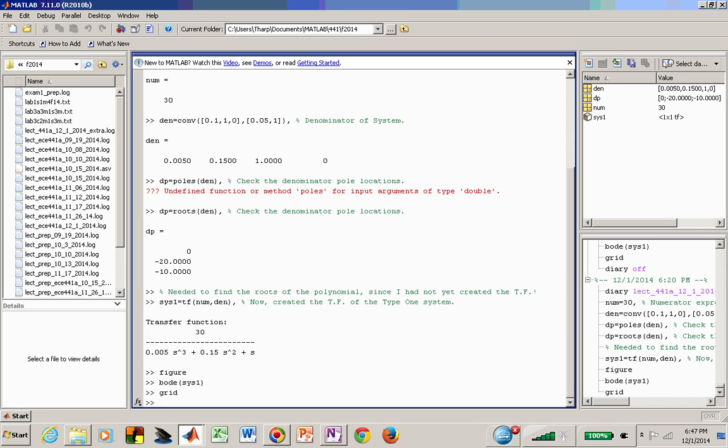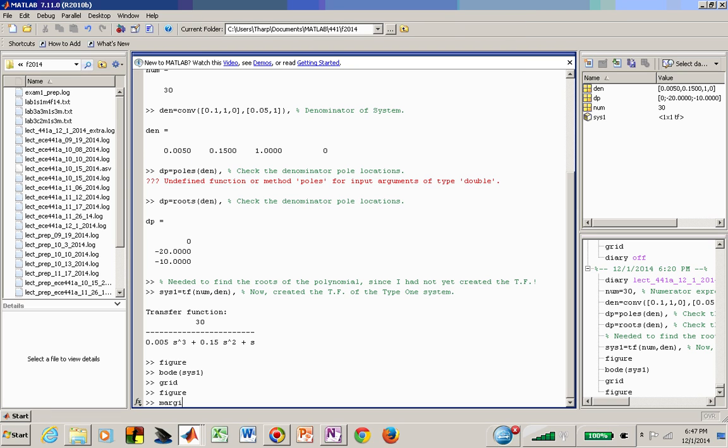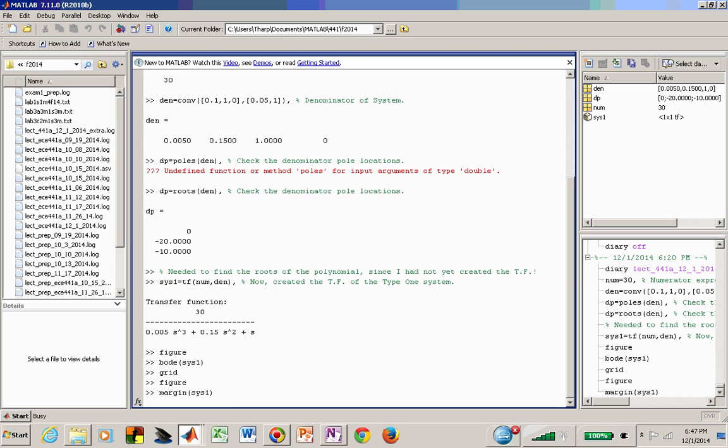So maybe before I do that, let me just go ahead and look at the stability margin of System 1 and see how poorly I did in terms of estimating the frequency where my original gain crossover frequency occurred.